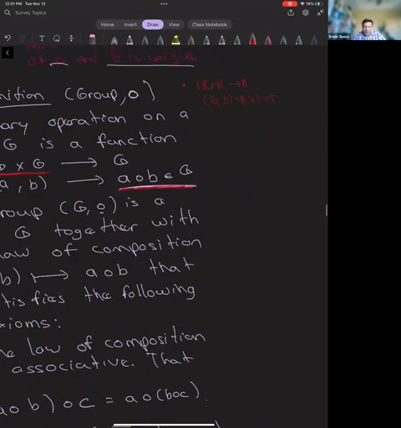So for example, I could define an operation that is not on the rational numbers.